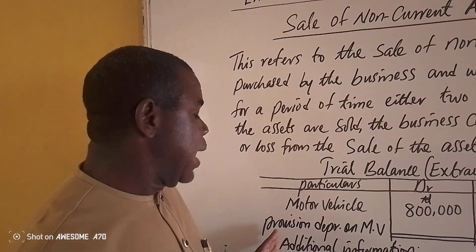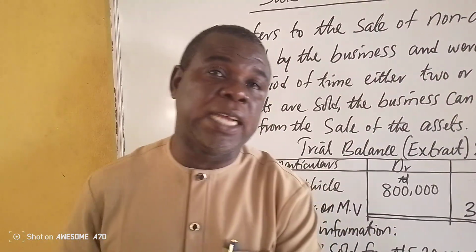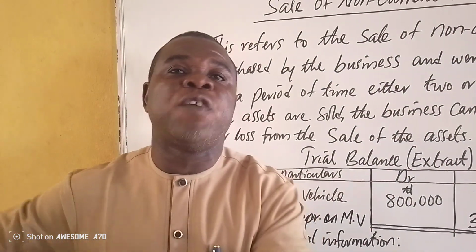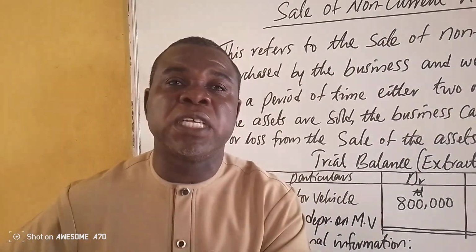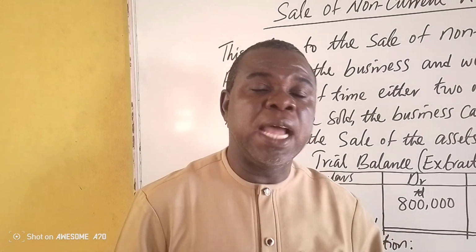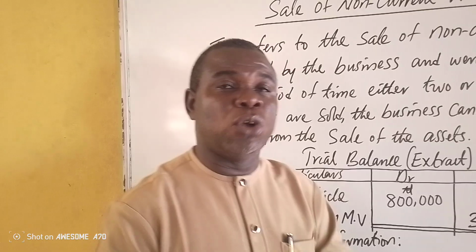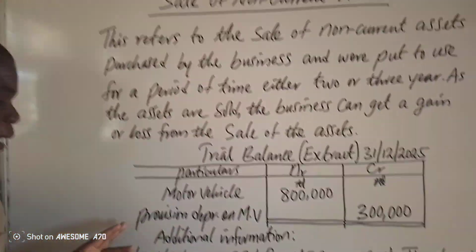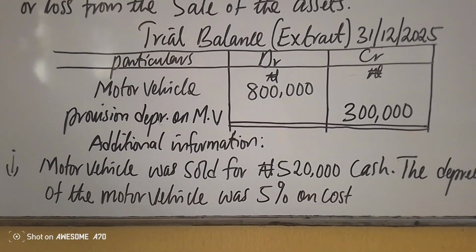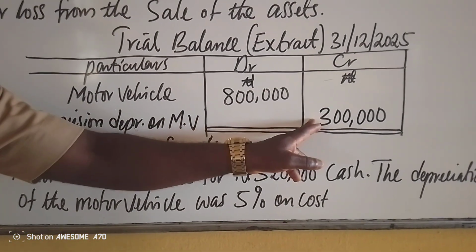And mind you, any depreciation given in the trial balance is referred to as accumulated depreciation. That is, the asset has been depreciating over the years and the amount has been accumulating. That is the type of depreciation you see in the trial balance, not a single year's depreciation. This is the depreciation of the motor vehicle over time, either 2 to 3 years, depending on when it was purchased, and the value is 300,000.